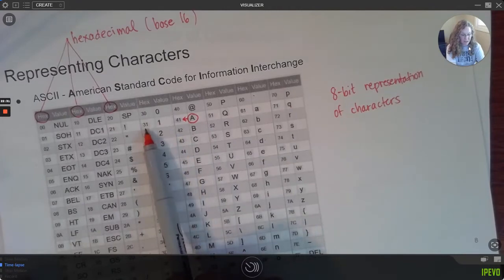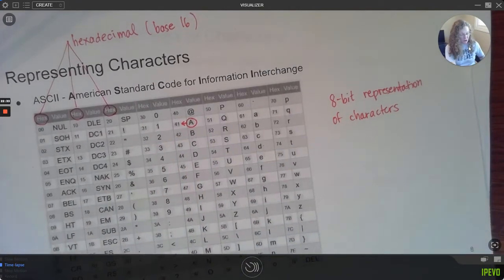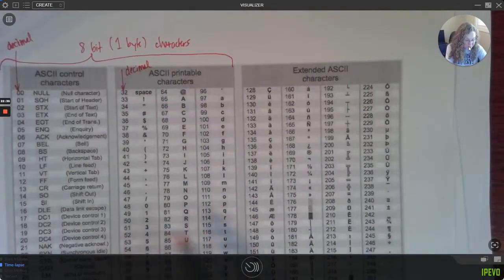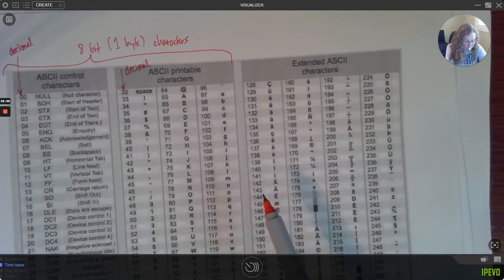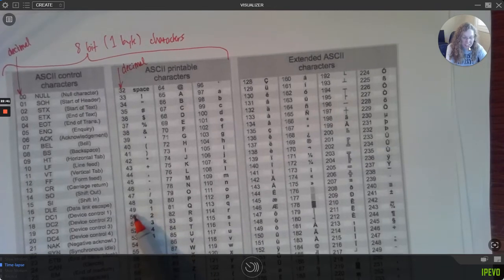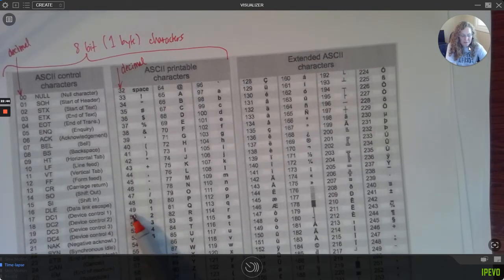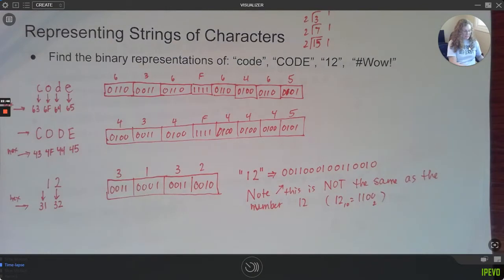It has a hex value of 31, or a decimal value of 49. Okay, it's not 1. So that's just a good thing to remember.